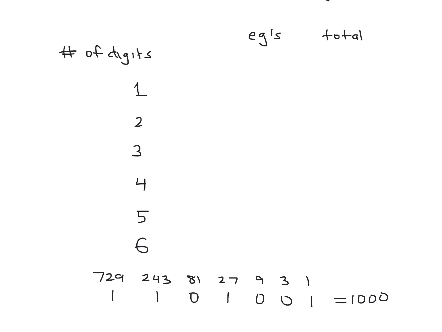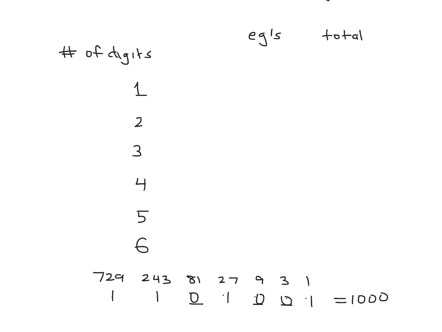So that means the largest number will have 7 digits. We want numbers that are less than or equal to that 1,000 in base 3. So we only need numbers that have 6 digits, because this 1,000 has 7 digits and that's the maximum, and it has zeros in it, so we know for a fact it's not going to be lucky.